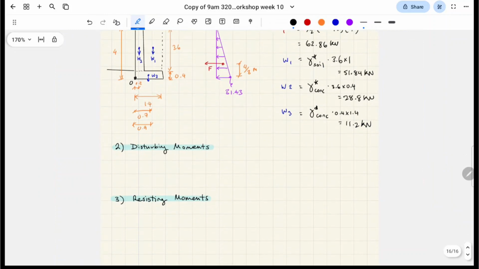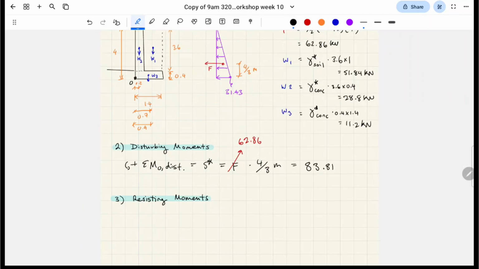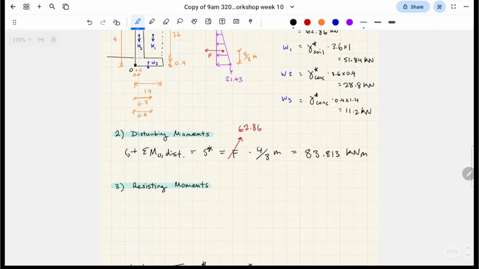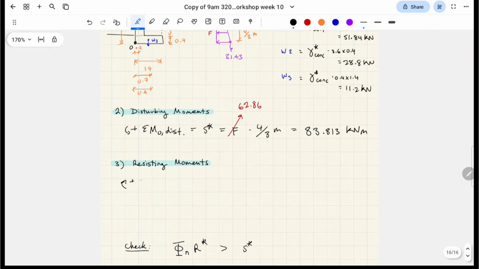So now we're going to calculate the disturbing and resisting moments, bringing us towards the end of the question. Group the counterclockwise moments. I've stopped doing things in color code in the interest of time. And same thing, group together the clockwise resisting moments.